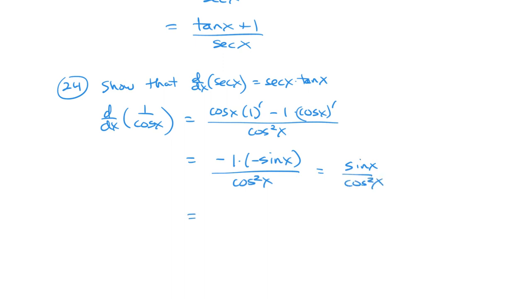And if I wanted to do something different here, couldn't I just go 1 over cosine x times sine of x over cosine x? These are the same, right? So you go straight across, you get sine over cosine squared. And 1 over cosine, that's secant x, and sine over cosine is tangent x. Okay, so we've shown that.